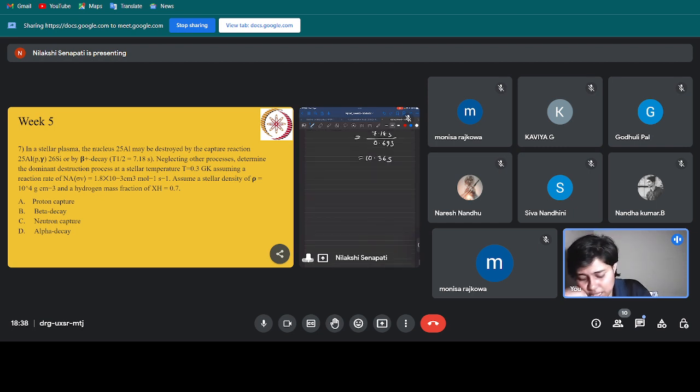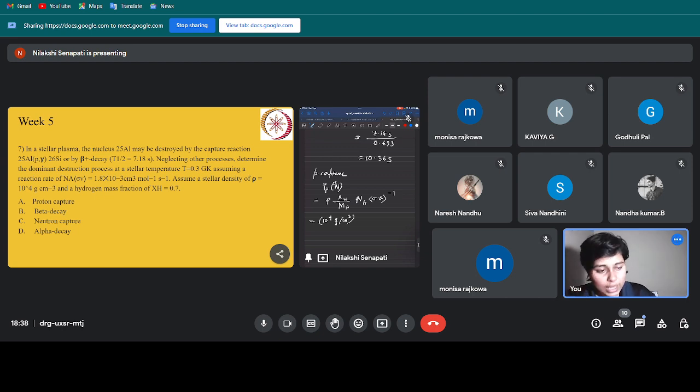And if it is proton capture, then tau p of aluminum 25 is 1 over rho Xh by mh times Na sigma v, that is given to you again, every information. If you calculate this, rho is 10 to the power 4 gram per centimeter cube.